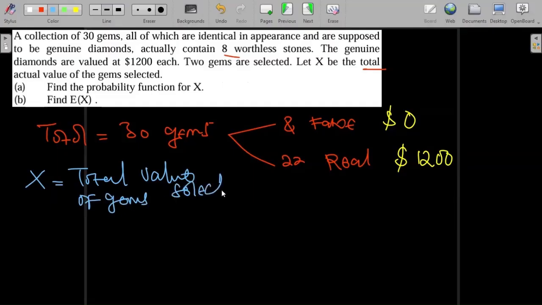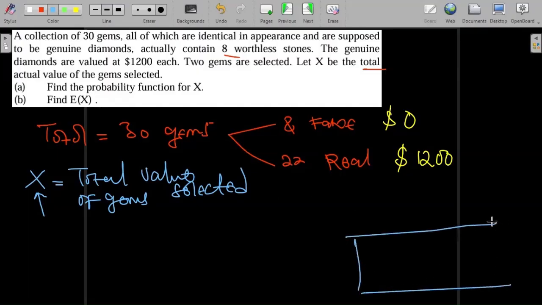So now we are asked to find the probability function of X. To find the probability function of X, we just have to find the possible values of this X and also their probabilities. Once we do that, then we'll be done with the probability function of X. What we are finding is something like this. This will be the probability function.